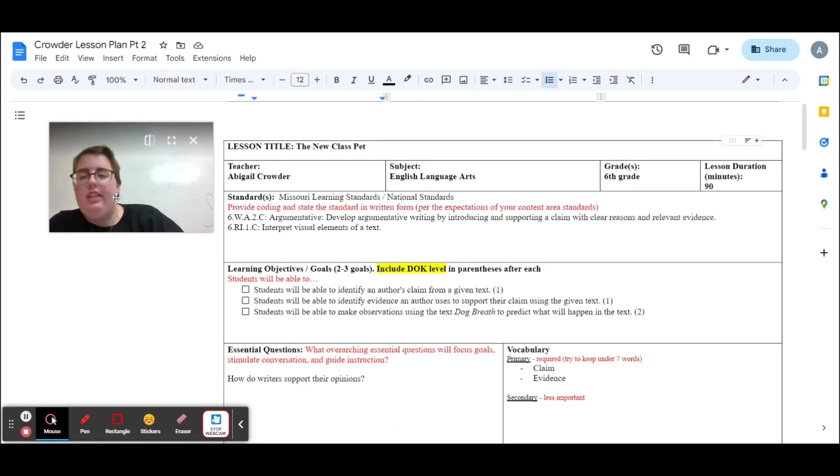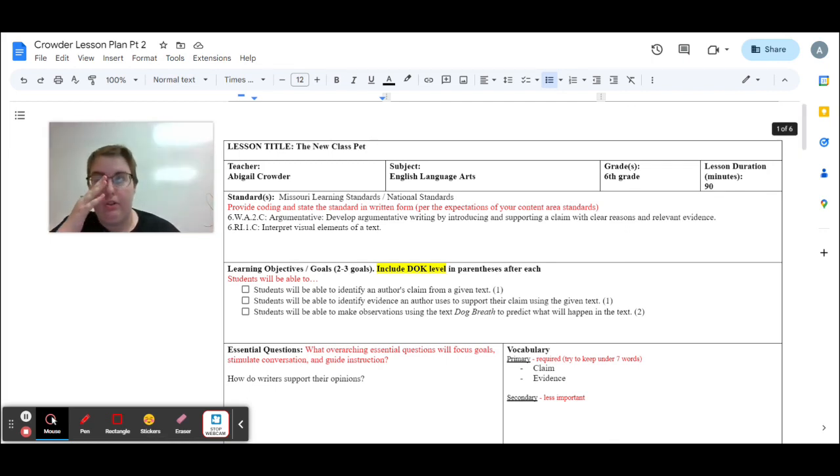I just feel like for me, I need to have this open to be able to talk through the concepts that I need to discuss. So the first thing we'll talk about is my learning standards. I mentioned these a bit, but I chose a writing and reading learning standard since my students are doing both of those things in this lesson.